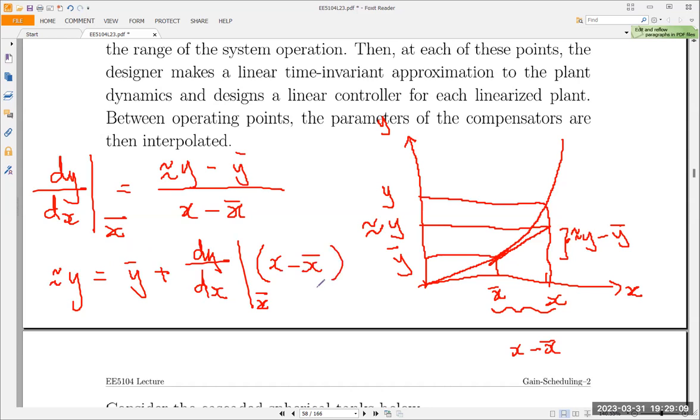Hey, have you seen this equation before? Hello? This is the Taylor series.